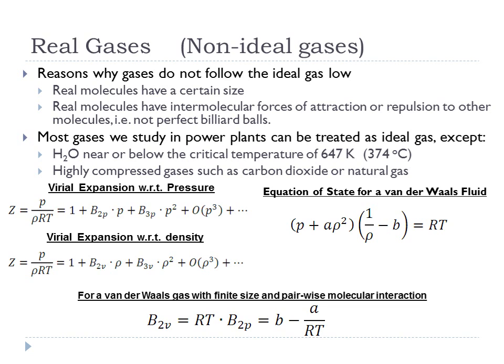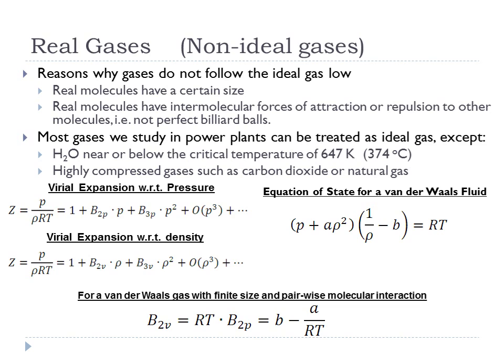So Z, which is the compressibility factor, which is PV over RT, which can also be written as P over rho RT, where rho is the number of moles per volume. You can just expand it out as either a function of pressure or as a function of the molar density.